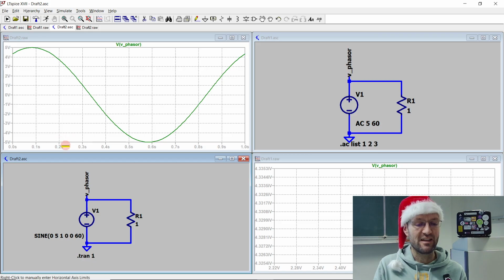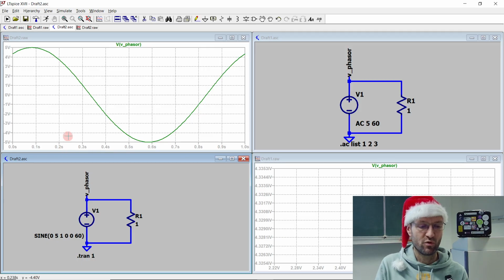Where should I find the 90 degree? So this is 1 full cycle. The 1 full cycle is how many degrees? 2 pi radians or 360 degrees. So where's 90? 0.25 seconds. So somewhere here, and you can see.